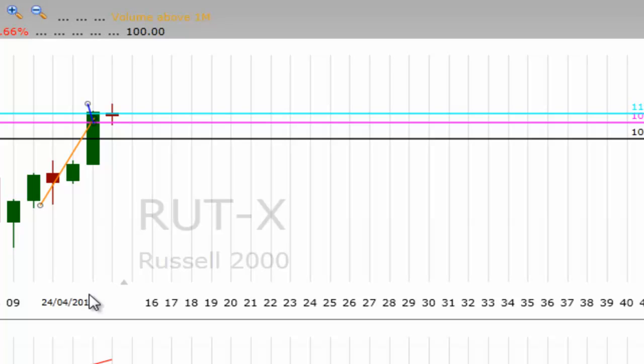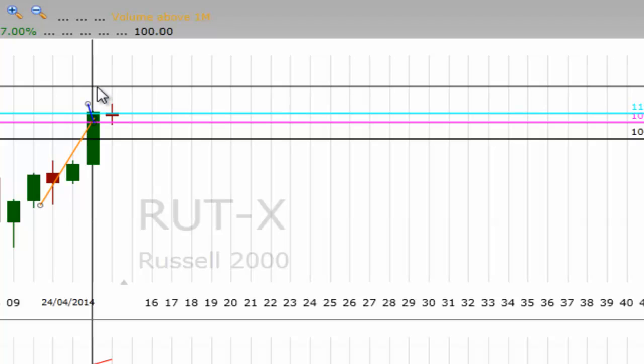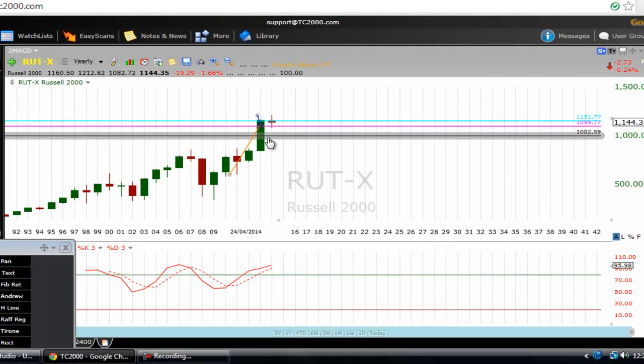As you can see here, the high of 2013 is at 1167, the low of 2013 is at 849, and the median line, which is the middle line of the range of 2013, is right here, at 1002.